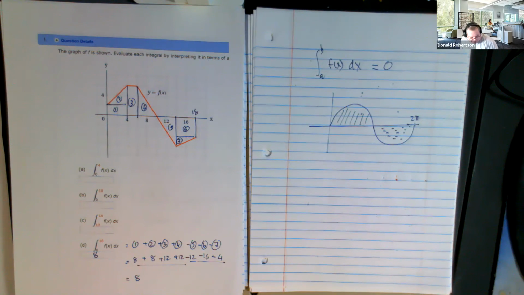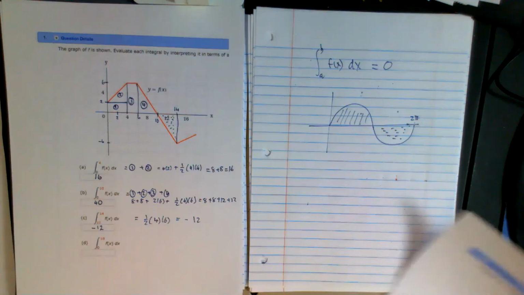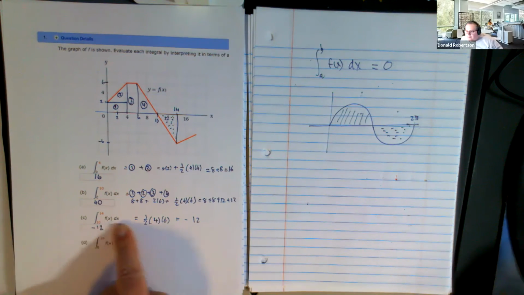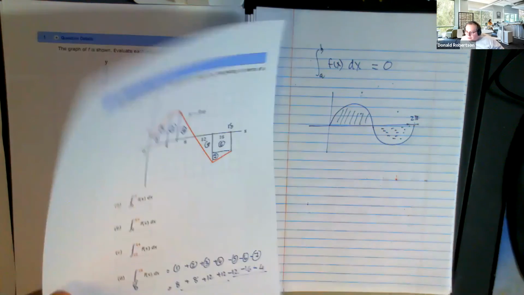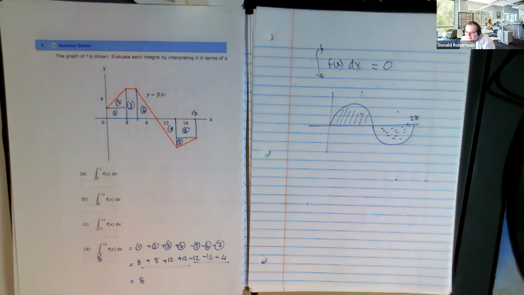Could you get a net area that is negative? Yes. In fact, didn't we get one? That one. So it's okay to have negative answers when you're finished. It's okay to have 0 answers when you're finished.